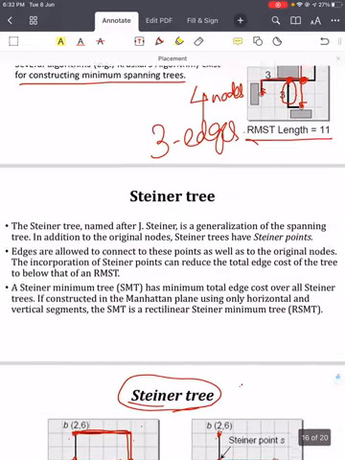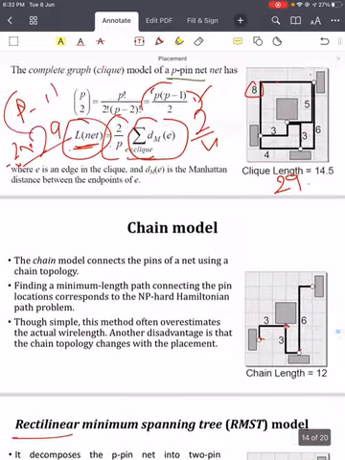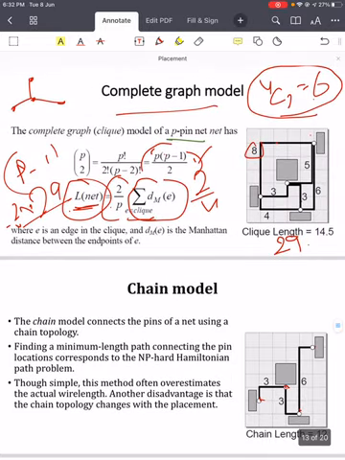You can understand that most of the techniques are graph topology based. From the complete graph structure, we can get a minimum spanning tree, and from that spanning tree we can find the rectilinear spanning tree.